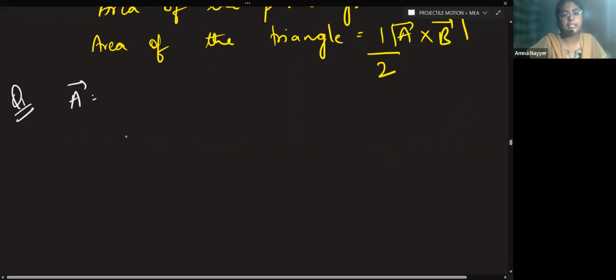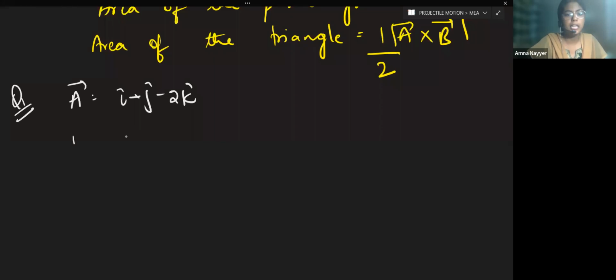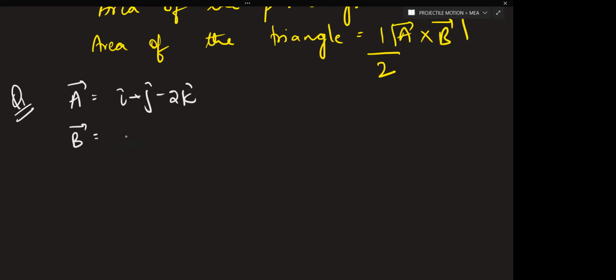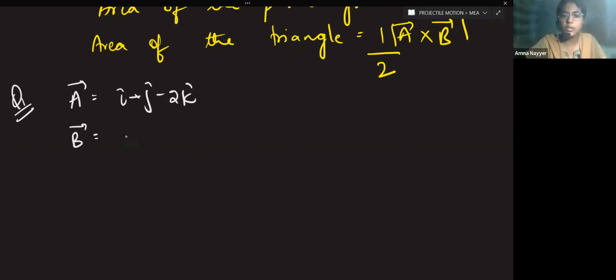See, A vector is I cap plus J cap minus 2K cap. And B vector. Your other papers have started? Aram and Aisha? Other subjects? Yes, ma'am. Okay. And you both, Fatima and Maha, what about your exams? Have they started in the school?